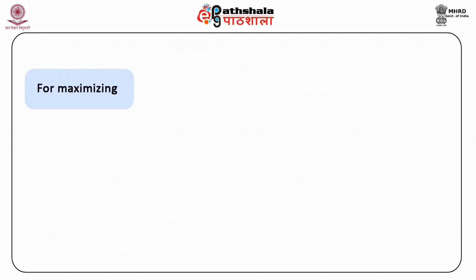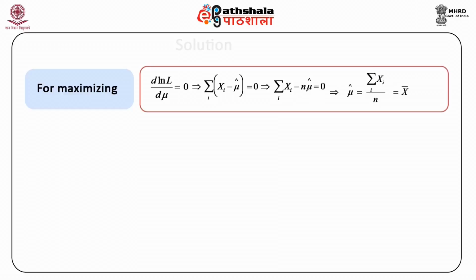Since you know that for maxima we have to equate the first derivative equal to 0, by equating d ln L upon d mu equal to 0, what we obtain is that summation of (xi minus mu hat) is equal to 0, implying thereby that mu hat is equal to summation xi by n, which is equal to x bar.